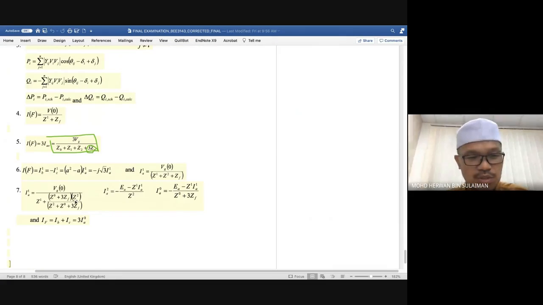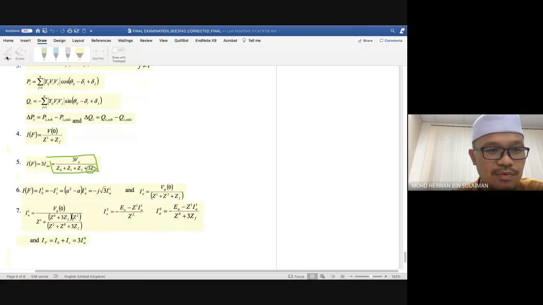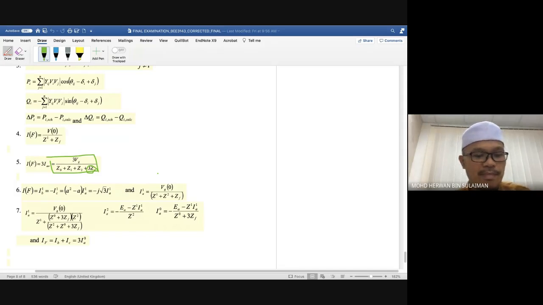Dia ada 3 equations. Okay, basically what you need to do is to find your fault current. We know fault current is IB plus IC. Dia ialah 3IA kosong juga.